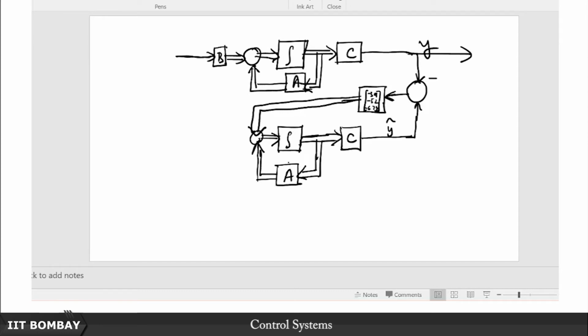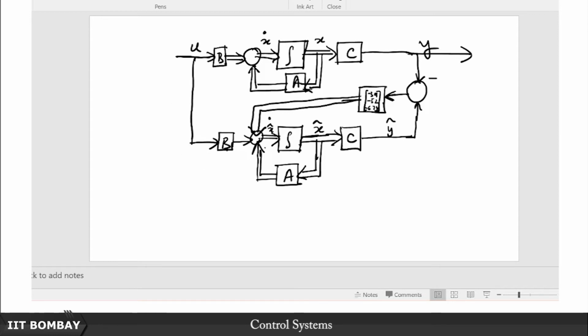So A x hat, this is x hat of course, this is x dot, this is x hat dot, and of course you have the B matrix here. To the B matrix you add the same U that you have for the actual plant.